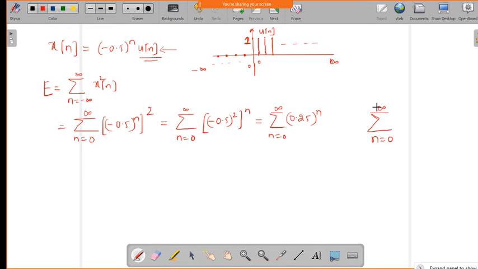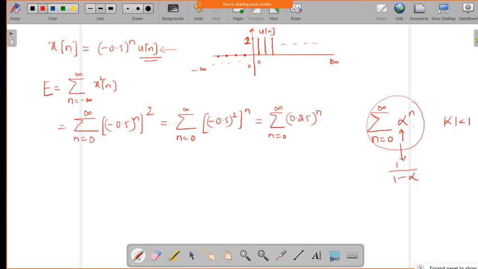If we have the summation n equal to 0 to infinity of an arbitrary value alpha to the power of n, and alpha is less than 1, then we can write this summation from 0 to infinity of alpha power n as 1 over 1 minus alpha.